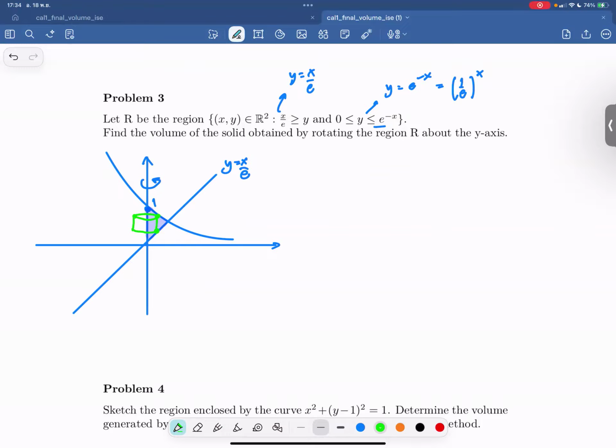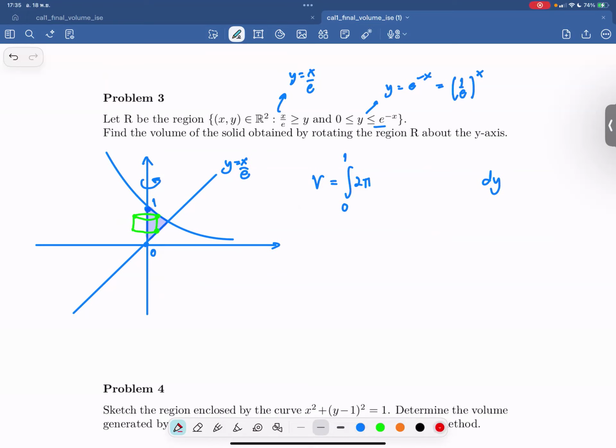Okay, so we will find the integral using the variable y. So the boundary of the integral is from 0 to 1, and then we put 2 pi, and then we find the radius and the height.